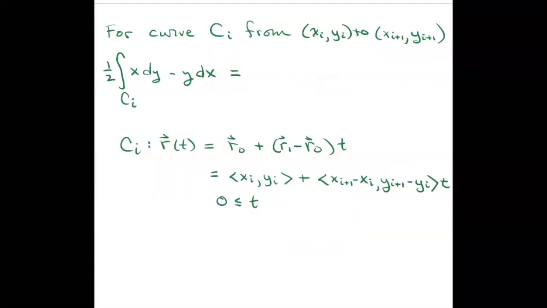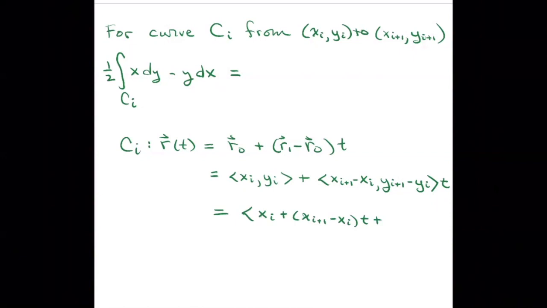Well, actually, let's combine these before we write that last thing. So we'll have xi plus (xi plus 1 minus xi) times t. Same thing with y now.